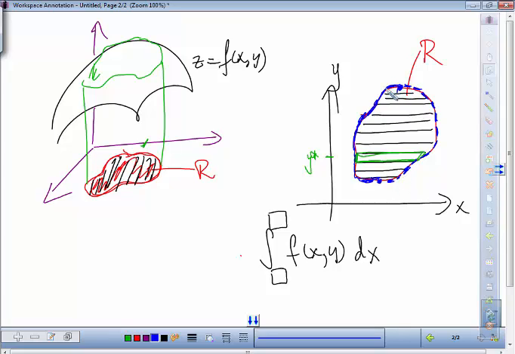So this first curve, it's a curve of x and y. It's a relationship between x and y. So maybe I'll call this, should I call this y as a function of x or x as a function of y?